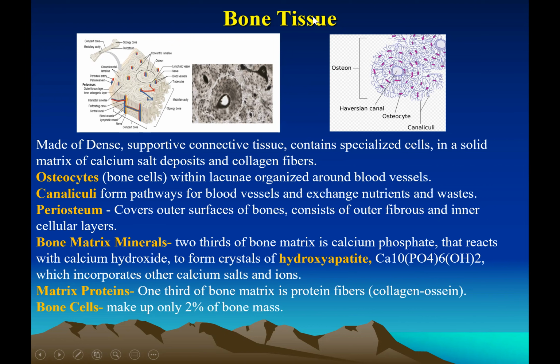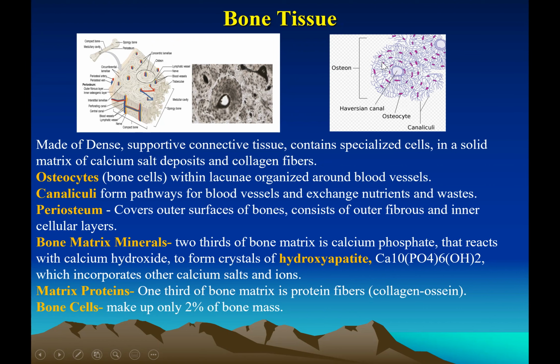Bone is supporting connective tissue with a solid matrix, special cells, and a lot of collagen fibers. The cells that make the bone are called osteocytes. The artery and vein are found in a central canal called the Haversian canal. And the osteocytes are found in a colony around it in concentric circles called lamellae.